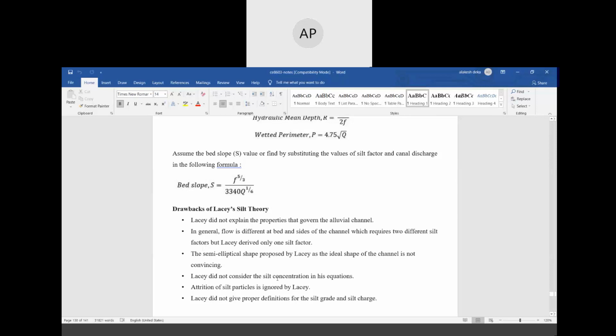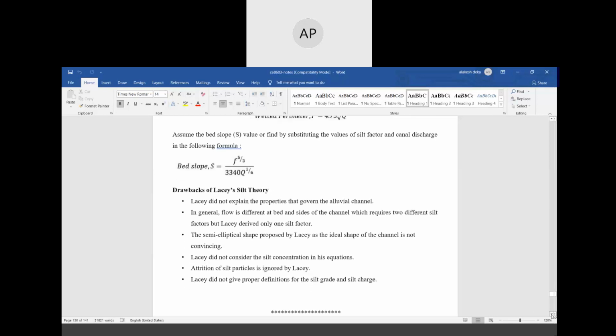Lacey did not consider the silt concentration in his equation. Accretion of silt particles is ignored by Lacey, and Lacey did not give a proper definition for the silt grade and silt charge. So these are the drawbacks of Lacey's silt theory.